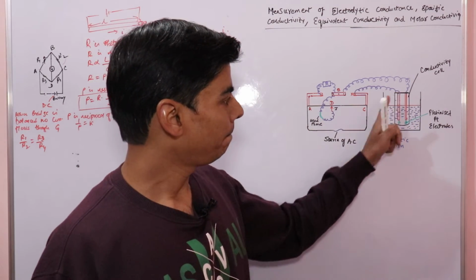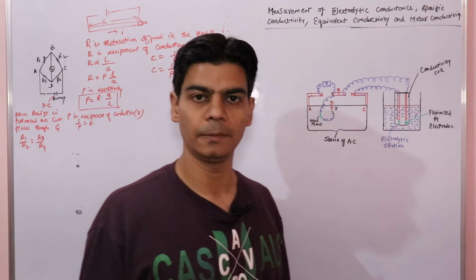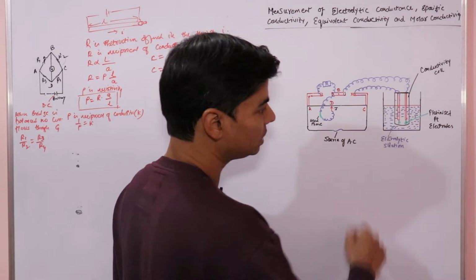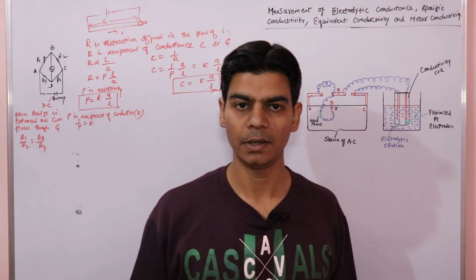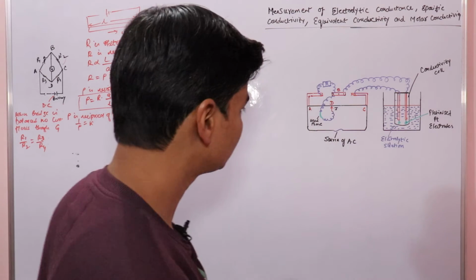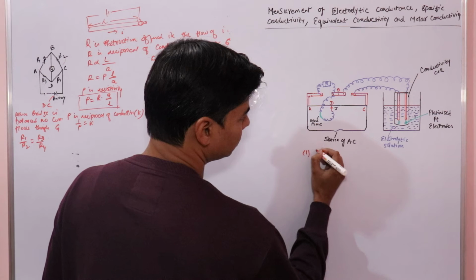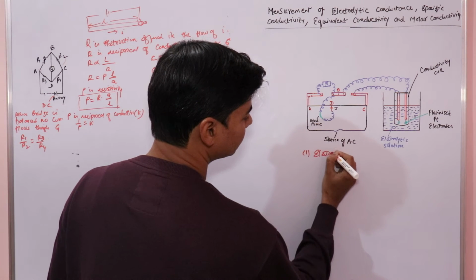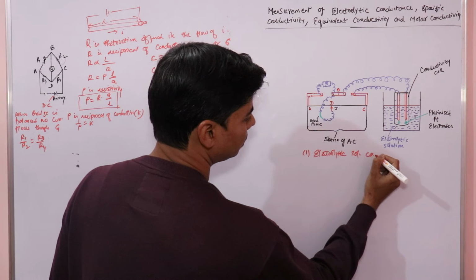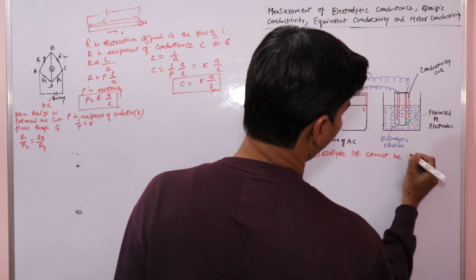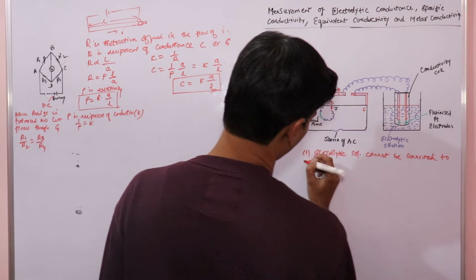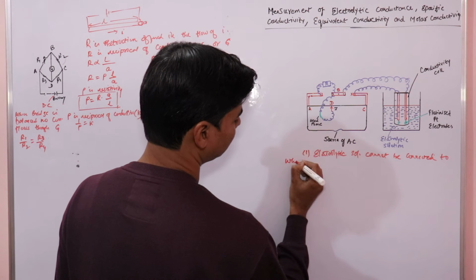This conductivity cell contains the solution of an electrolyte between the two electrodes. These are the two electrodes, right? So between these electrodes we have the solution of an electrolyte, and we need to calculate the conductance for that electrolytic solution, right? So the first problem was that this electrolyte or electrolytic solution cannot be connected to the Wheatstone bridge.